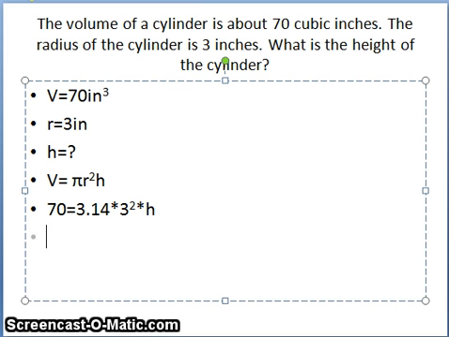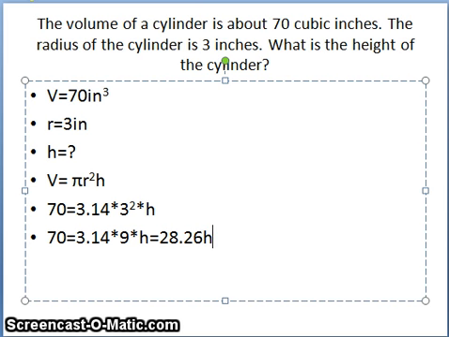Now that I've done that, what I need to do is simplify as much as I can. I'm not going to move anything from side to side until I have both sides as simplified as possible. 70 is as simple as it gets. Here I have 3.14 times 9 times h. And 3.14 times 9 is 28.26.